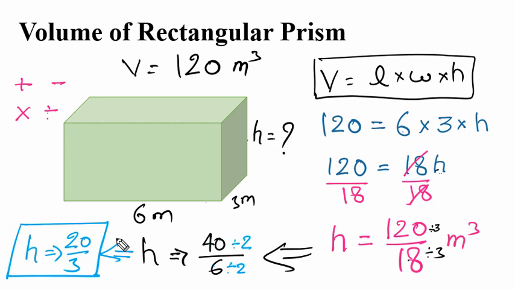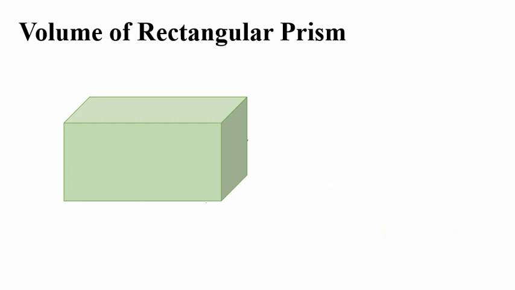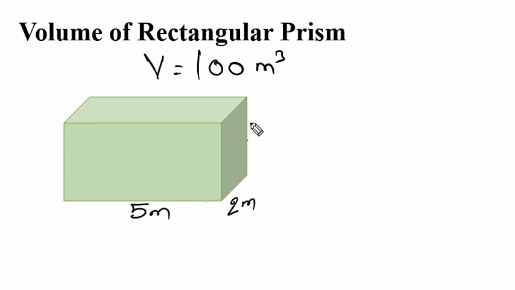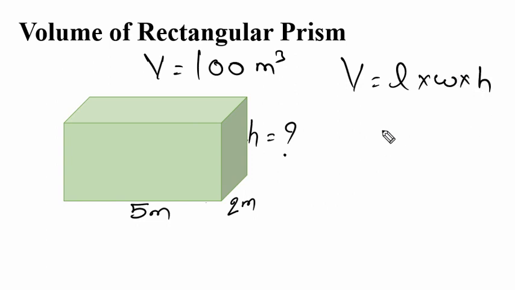If this was too much for you, let me take a simple question. Let's say the volume is 100 meter cube, the length is 5 meter, and the width is 2 meter. Find the height. Volume is equal to length multiply width multiply height.